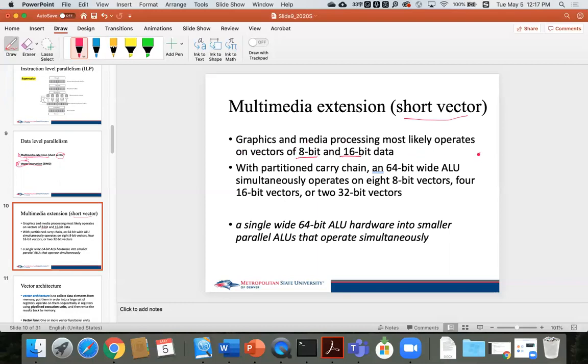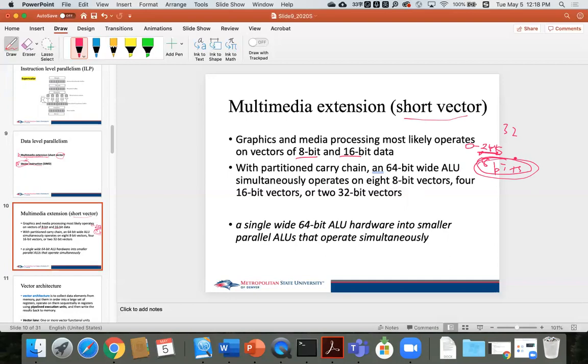If you are dealing with a grayscale pixel, it could have a color level from 0 to 255, so you only need 8 bits to represent it. If you have a color pixel, then you will have 3 of those 8 bits. You don't need a 32-bit or 64-bit word to represent the data, but you have a bunch of them. You have many pixels for one image, for example, right?